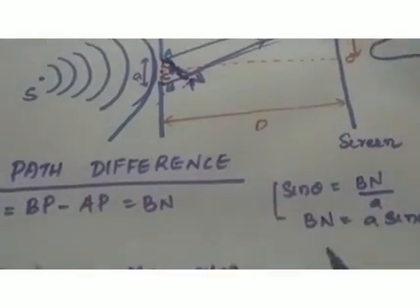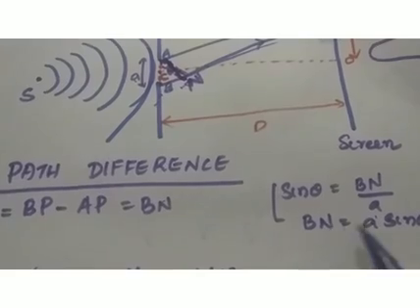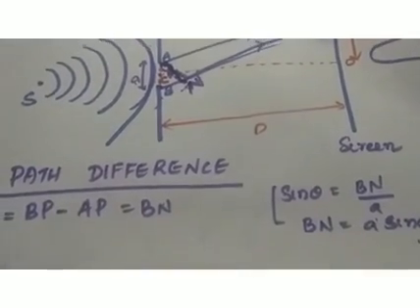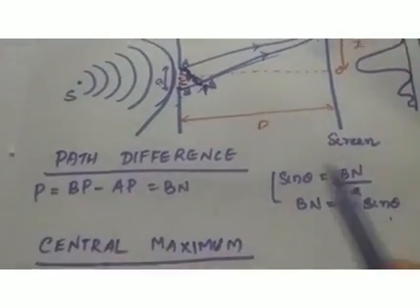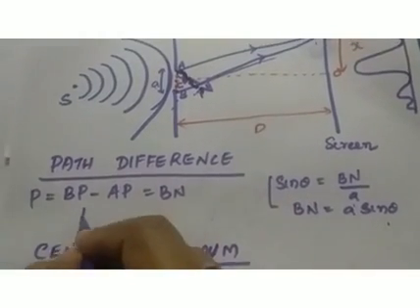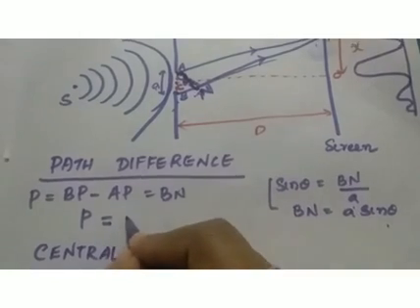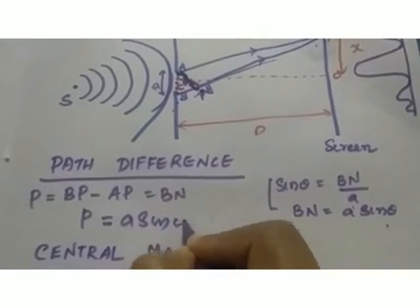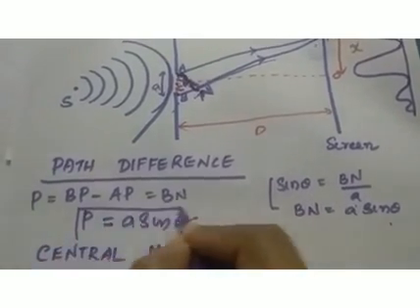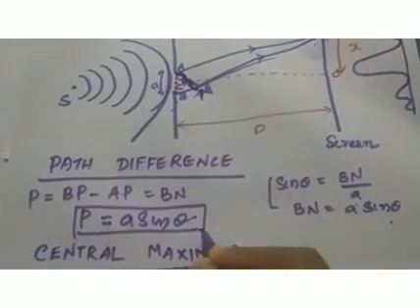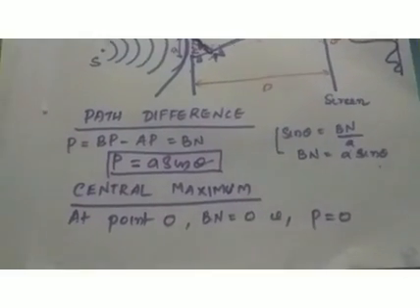So sine theta is BN by a, therefore BN is equal to a sine theta, and our path difference p is BN, so we can write path difference p is equal to a sine theta. So this is the expression for path difference in diffraction phenomena.